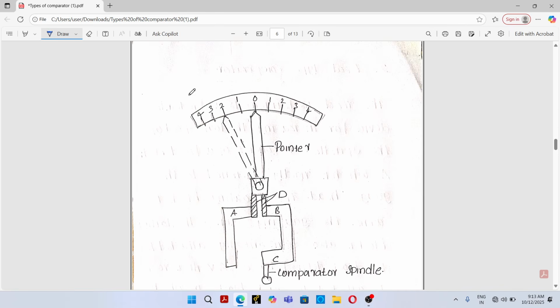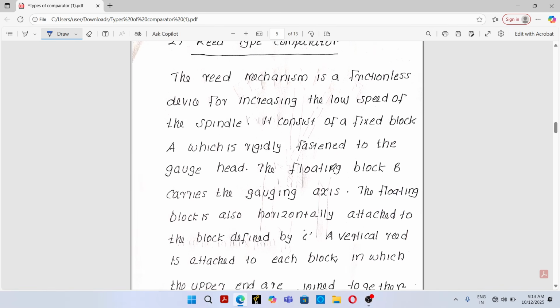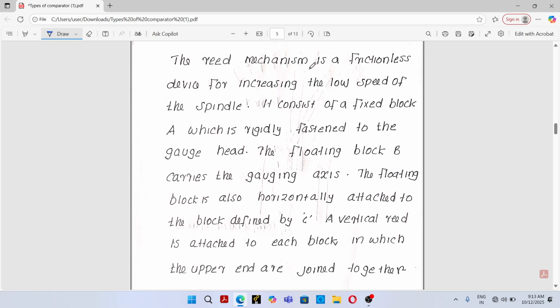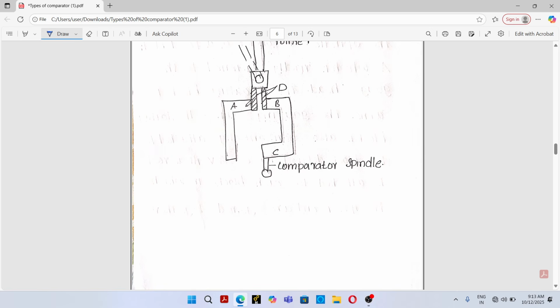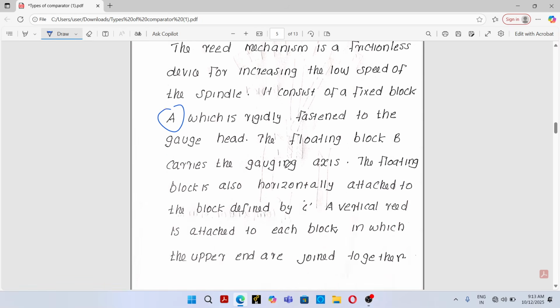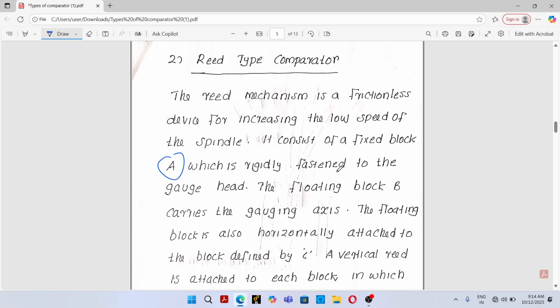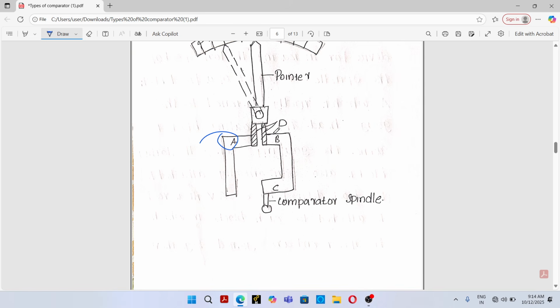So this is the figure of reed type comparator. The reed mechanism is a frictionless device for increasing the low speed of the spindle. It consists of a fixed block A. See, this is the fixed block which is rigidly fastened to the gauge head. The floating block B carries the gauge axis. So this is the floating block B which carries the gauge axis.